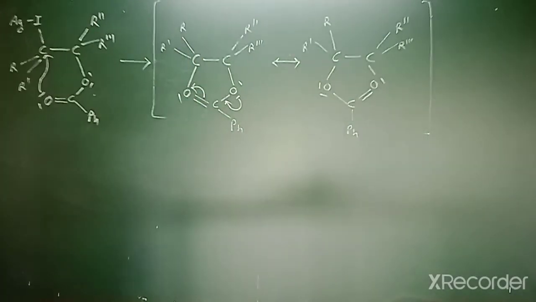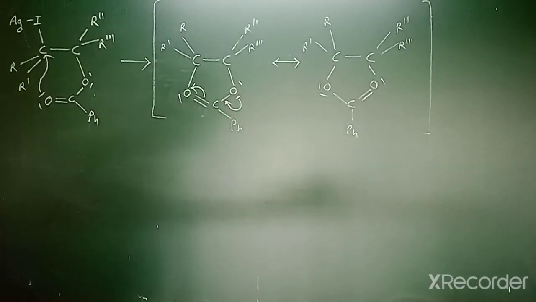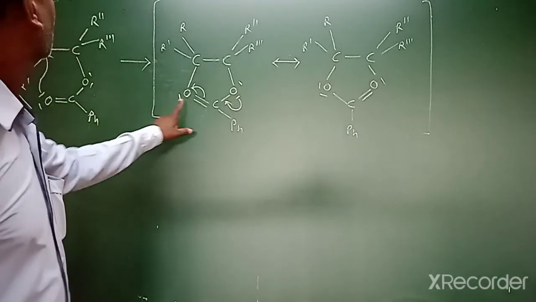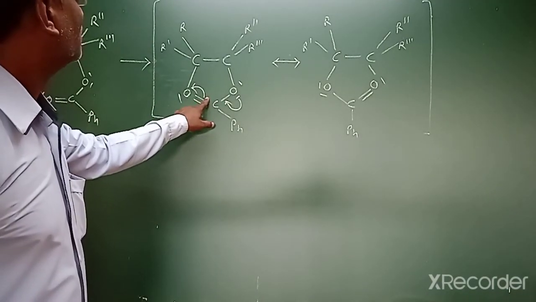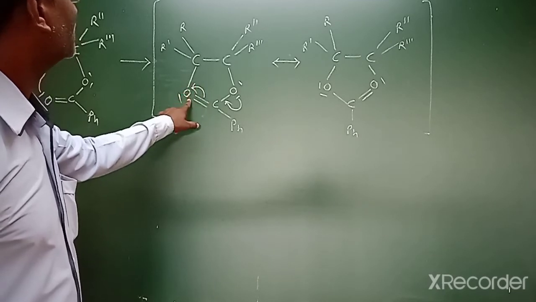In such a way, actually there are three canonical structures, but here we need only two structures, therefore I write only two. Here you can see the electron pair from this double bond get transferred to oxygen.